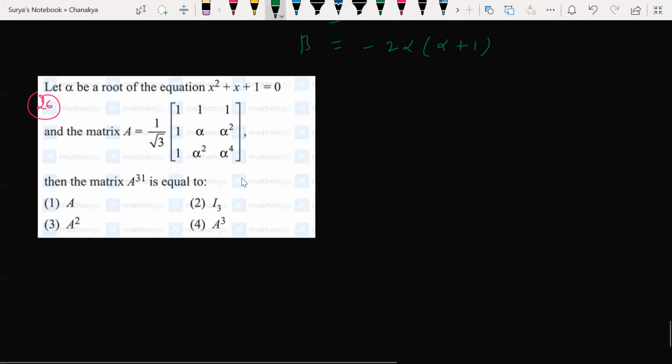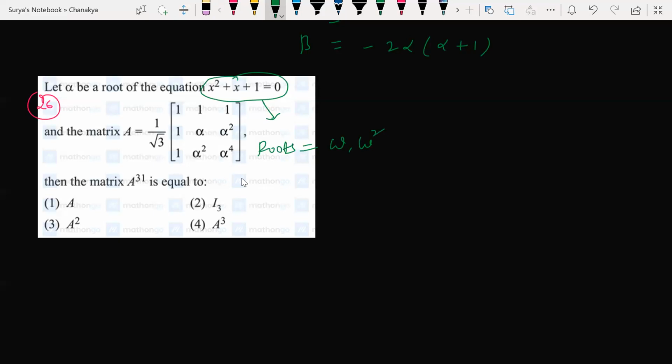If you know complex numbers, what are the roots of this? The roots of x square plus x plus 1 is equal to 0, from the complex numbers we learned, are omega square and omega. If you solve it also you will get the same answer. So the roots are omega and omega square, this is the hint I can give you.